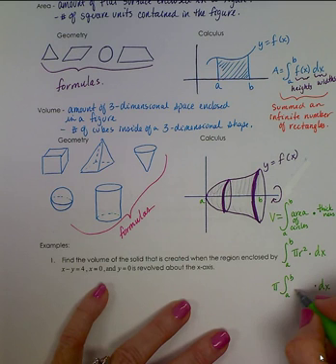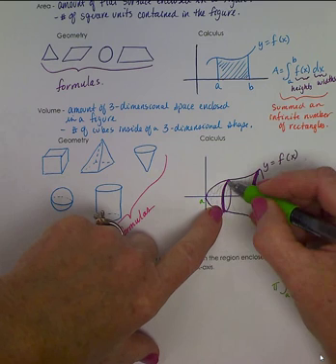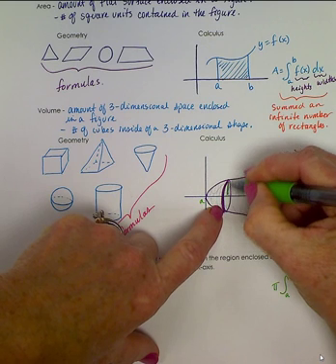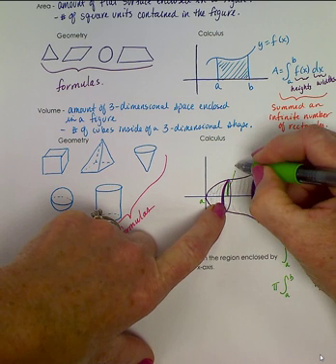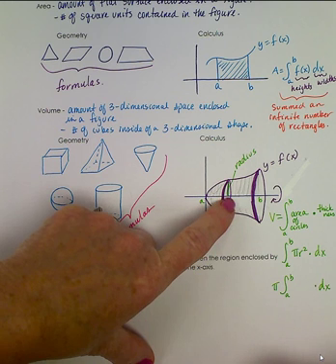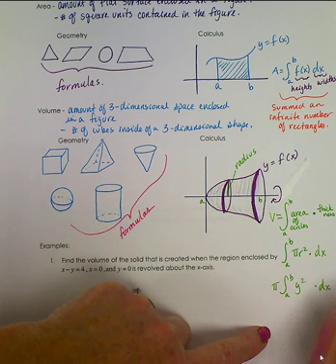That leaves us with a radius in here. And if we look at this slice, this circle right here, there's your radius. There's the radius of that slice. That radius is a y value. So your radius is a y value. But we can't have y's and x's.